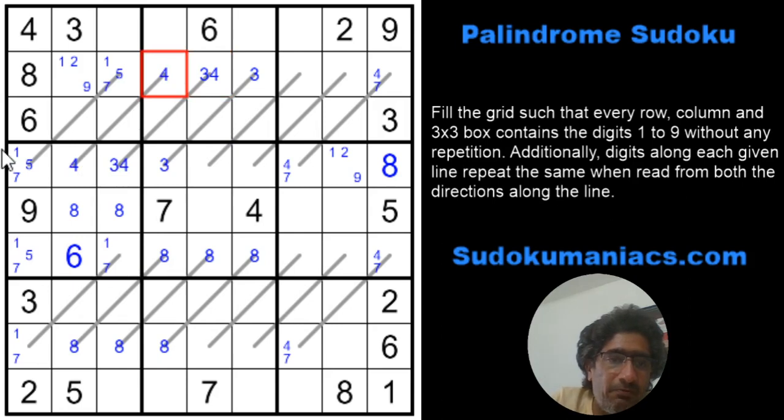Because this 1 7 5, 1 5 7 have formed a triplet, so no other digit can come there. Now with the 4 getting locked here, I can eliminate the 4 from there, which becomes a 7. So this is my 4 and this is a 4. 4, 4 is locked here, so this becomes a 4 by classic rules.